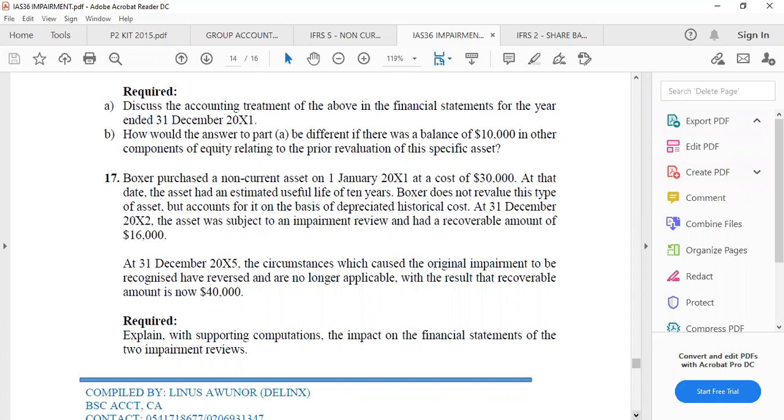So when was the asset acquired? First January 2001.